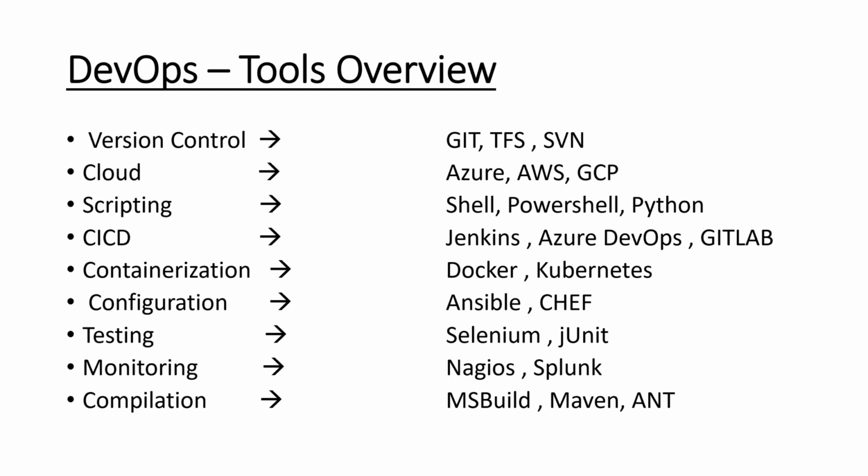Cloud, like we discussed earlier, these are the three cloud platforms which we have to host the VMs, and there are a lot of things we can do in the cloud. Scripting I already talked about. Let's talk about CI/CD: continuous integration, continuous deployment. There are three tools for that.